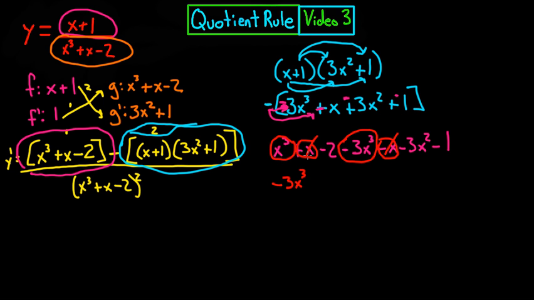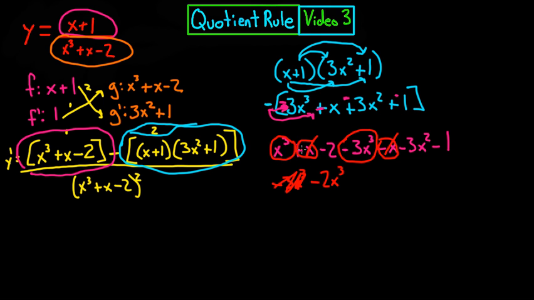So those are just going to cancel out. And then you've got a negative 3x squared. Okay, time out. I messed up. Sorry about that. A negative 3x cubed plus an x cubed is going to leave us with a negative 2x cubed.